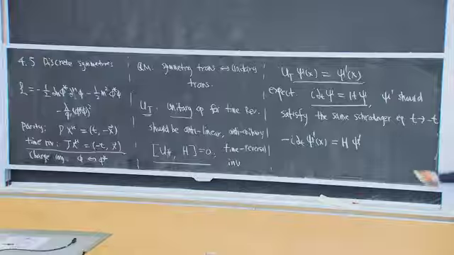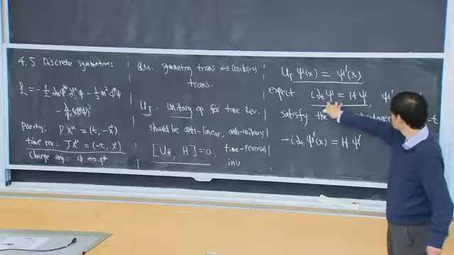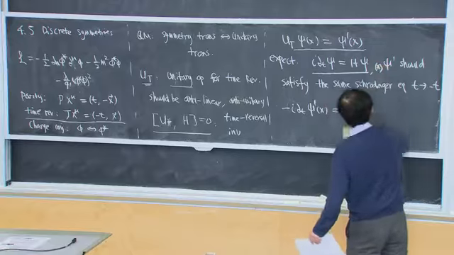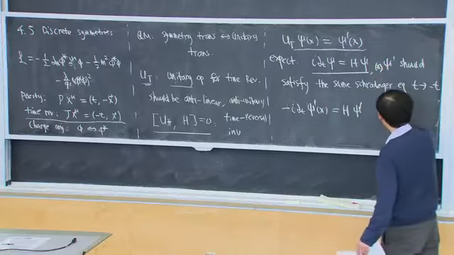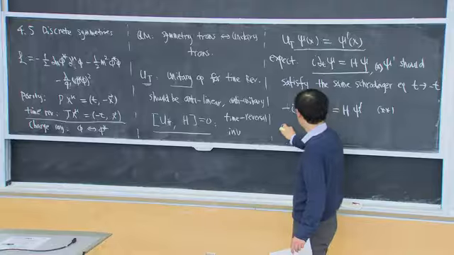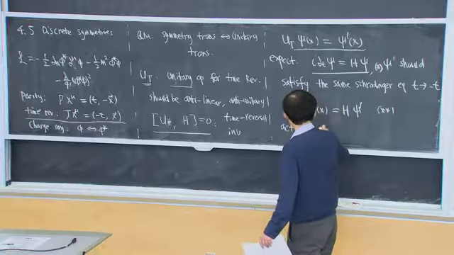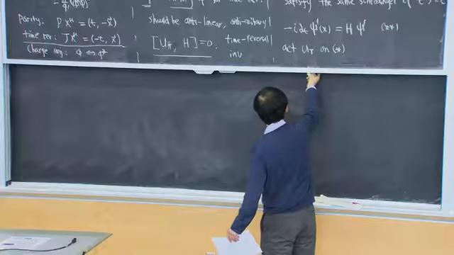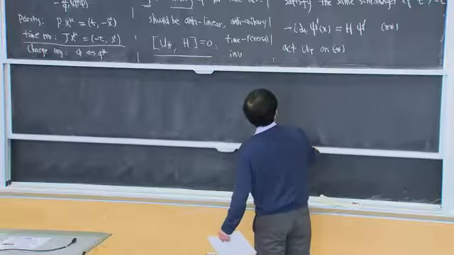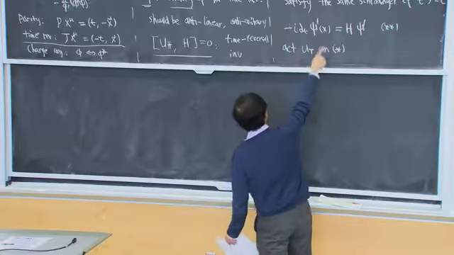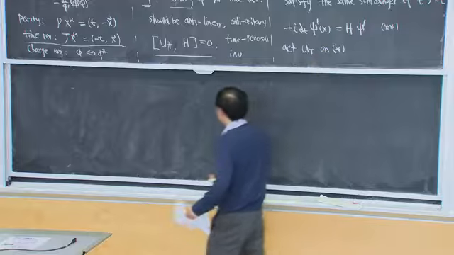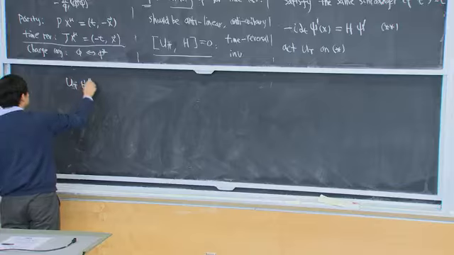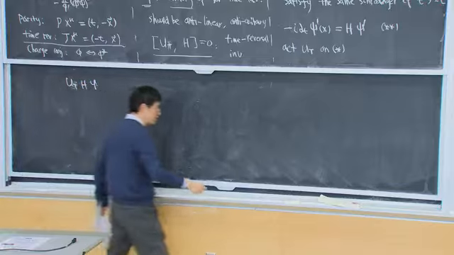This is simple. Let's just act with U_T on the left of this equation, which I call equation star. On the right-hand side, U_T commutes with H, so we directly get U_T H psi, and we can commute them.